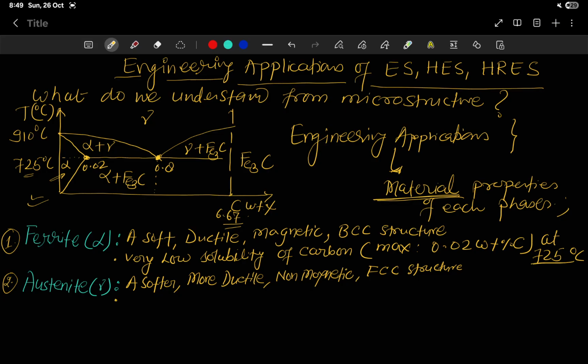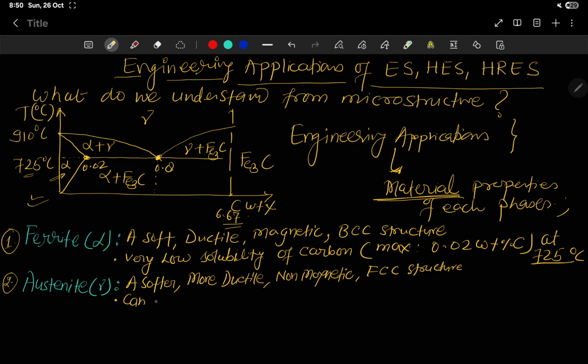But when we observe the complete iron carbon diagram, the carbon percentage in austenite is around 2.1 weight percent at 1150 degrees Celsius. You can refer to the diagram which we discussed in the previous lecture.